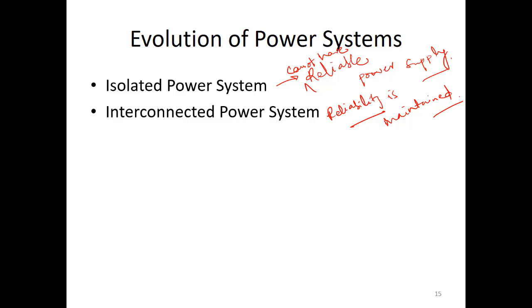The major disadvantage is maintaining the stability of the system, because as soon as there is a certain disturbance in the system, then obviously if it is not stabilized, the disturbance is propagated to the other parts of the system. So this is the disadvantage of interconnected power system.